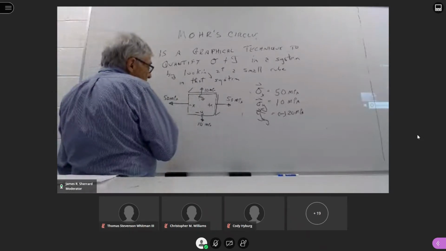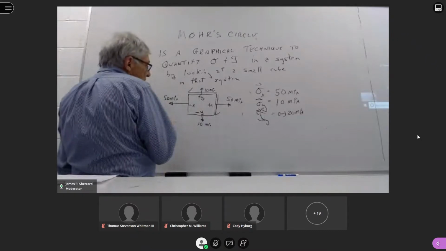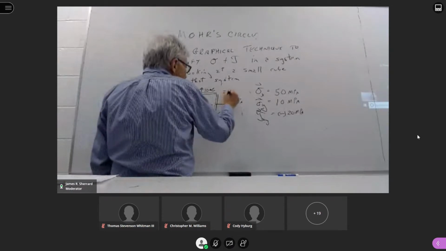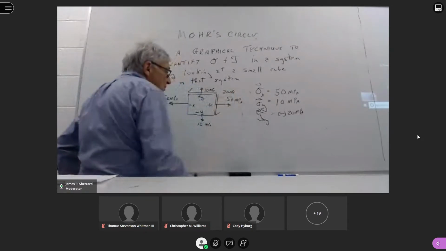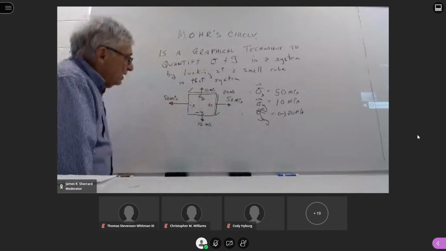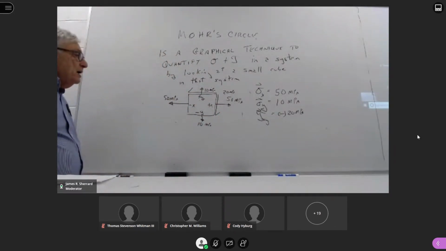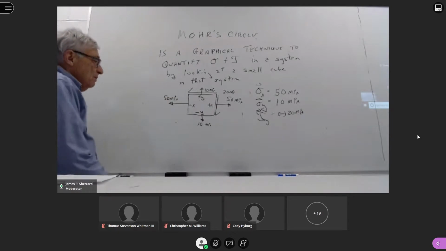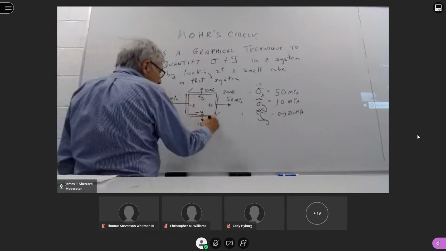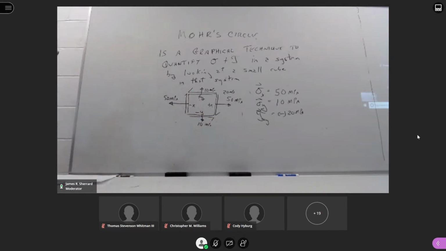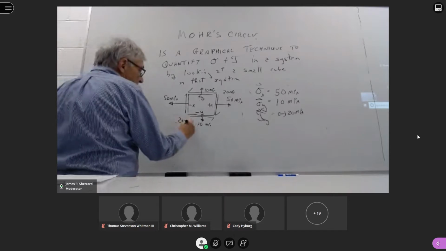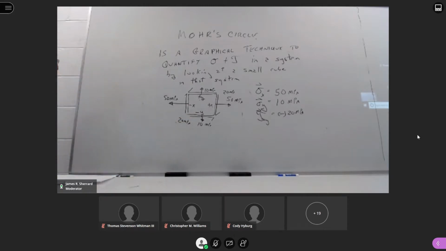If we draw this for equilibrium, I should also put up here 20 megapascals. I do not have to put the minus because the direction of the vector shows me what I'm doing. So in this particular case, this is going to be going back up here. This is going to be going in this direction due to equilibrium. So I can also put over here 20 megapascals.